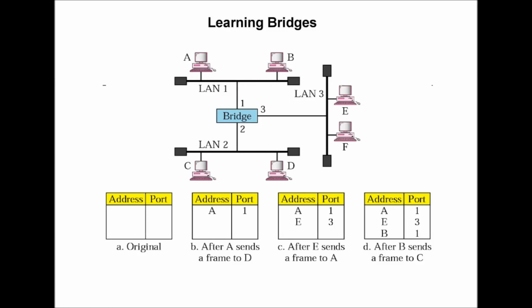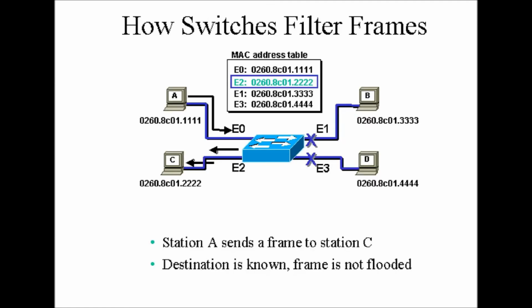So this is the learning process of bridge, in which the bridge receives the physical addresses as well as port numbers, and the entries are saved in its bridge table.